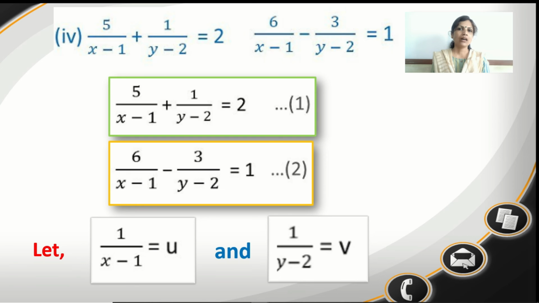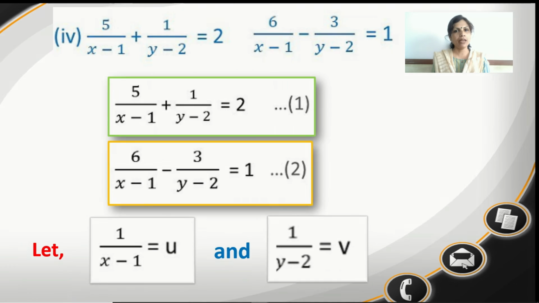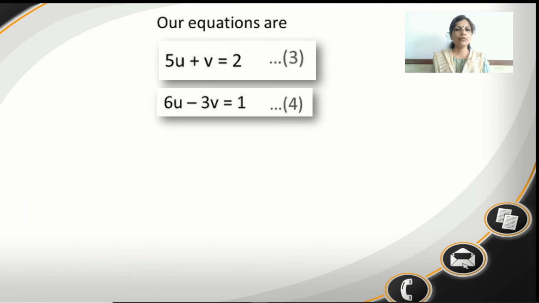And so our new equations will be 5u plus v is equal to 2 and 6u minus 3v is equal to 1, and we will number them as 3 and 4. Now these are again our simple equations. You can either solve it by substitution method or by elimination method, that is your choice.